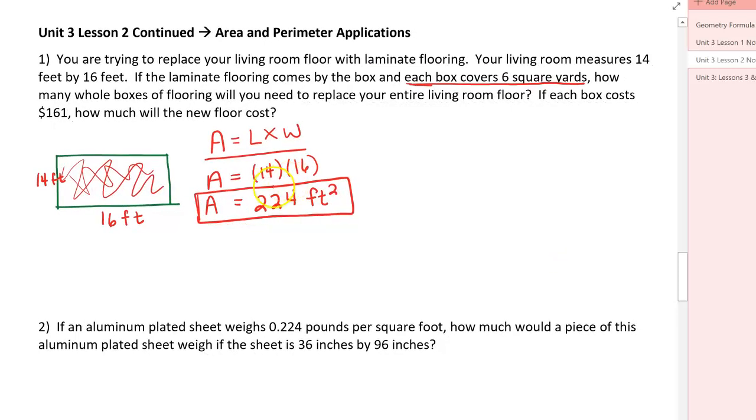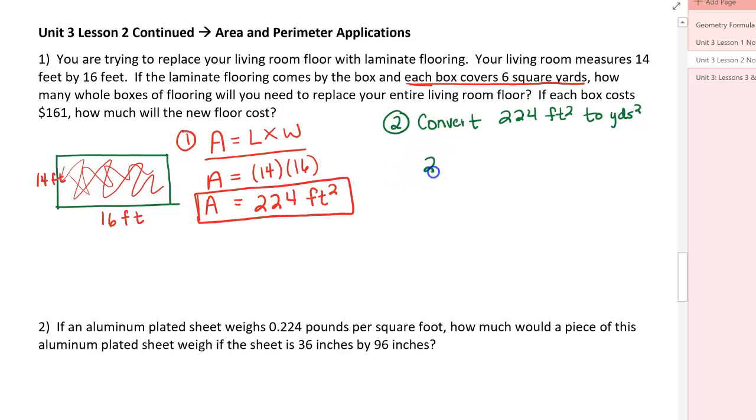So we're going to need to convert our square feet to square yards so that we can determine how many boxes we'll need. We can use unit analysis to do that. So in this next step, we are going to convert 224 square feet to square yards.